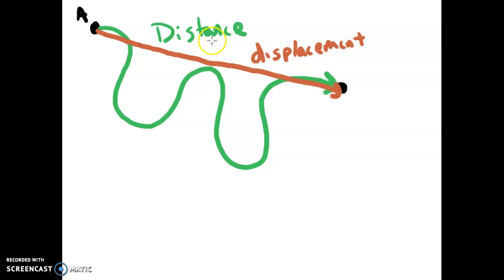And distance, right, includes everywhere you travel, right? So if you're traveling in a straight line, right, let's take a look at another particle over here. Let's take a look at particle B. Let's change colors.